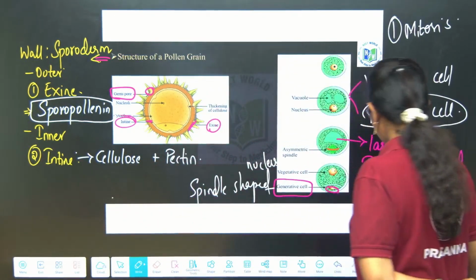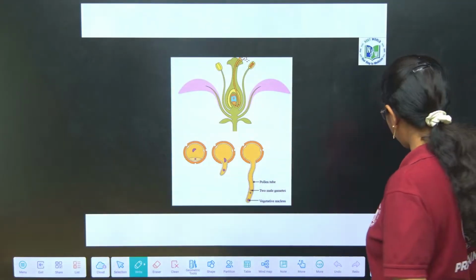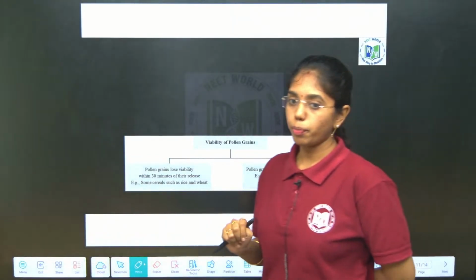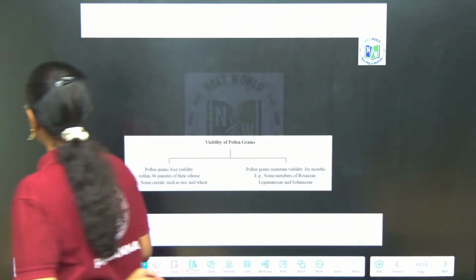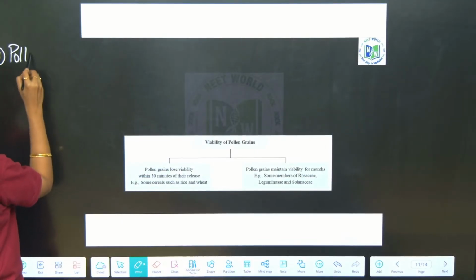Clear, right? Now, this is pollen pistil interaction, I will explain it more clearly there. Four segments you have to cover with pollen grains. Okay. Take down. First is pollen allergy.